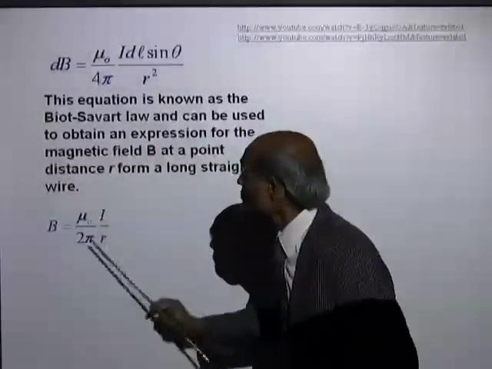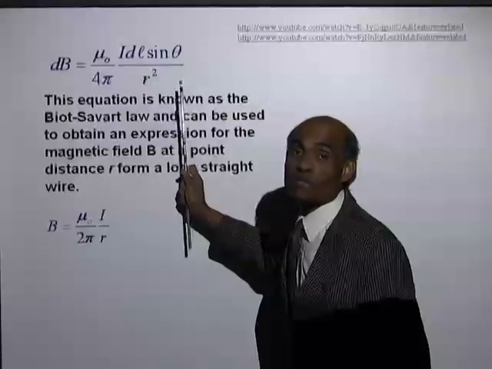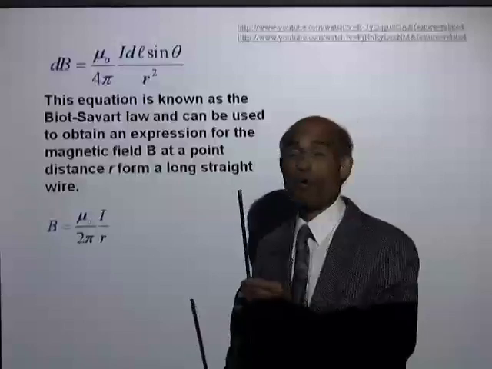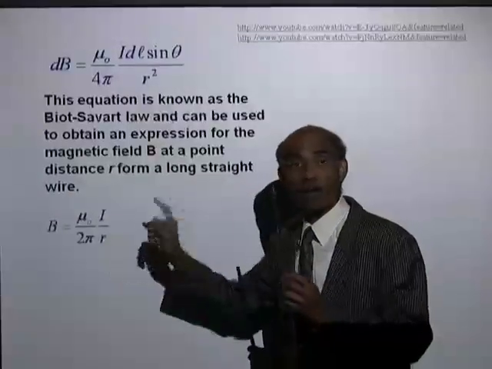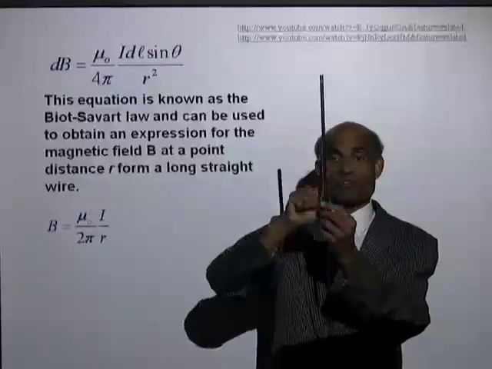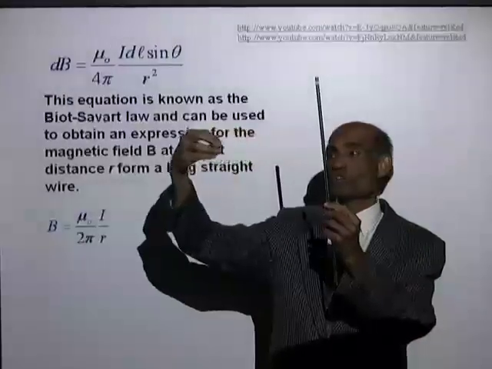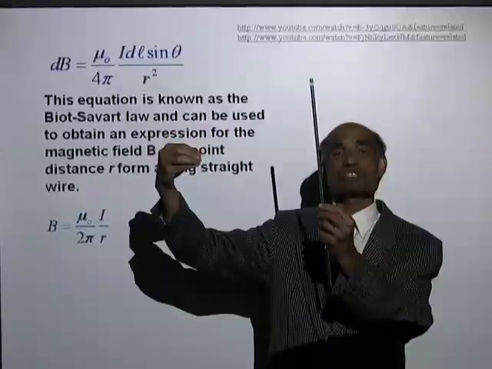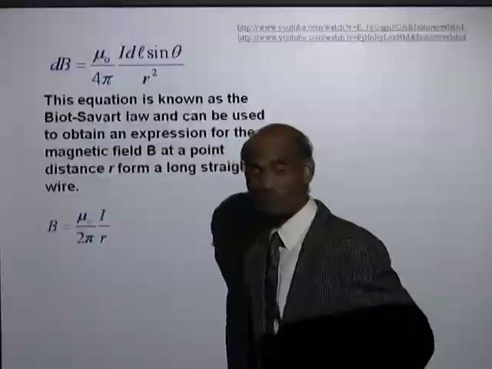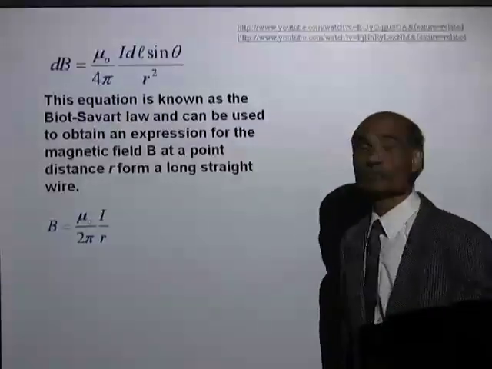Now, we can actually use the Biot-Savart law to obtain an expression for the magnetic field at a point distance r from a conductor like this. So if I have a current I passing in this conductor, what is the magnetic field at a point distance r from it? It's given by B equal to mu 0 over 2 pi times I over r.